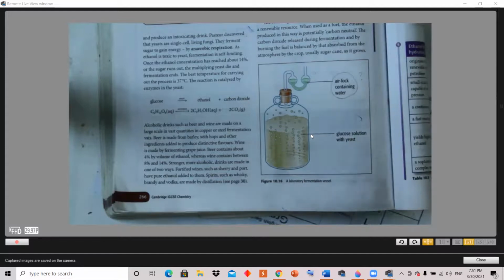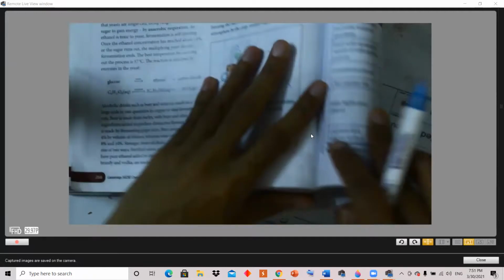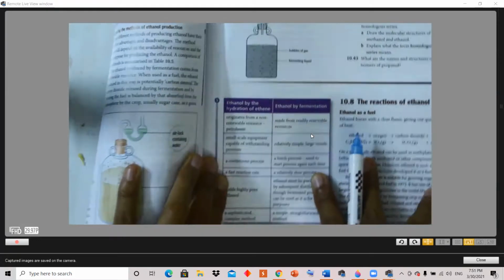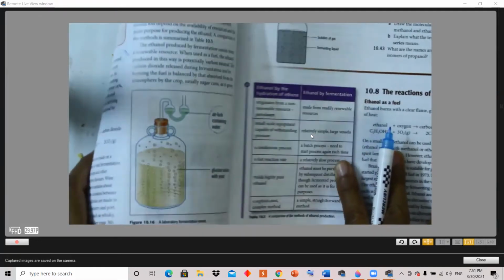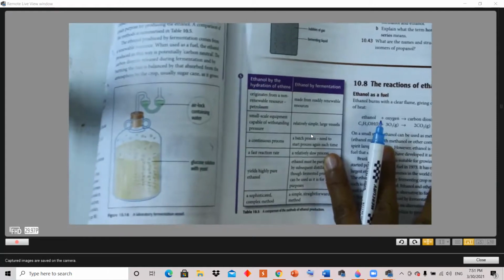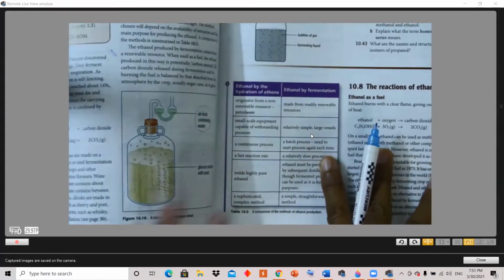Now, real quick, tell me, of the two methods that we have studied, which one is more eco-friendly? Eco-friendly, you understand? Safe for the environment?